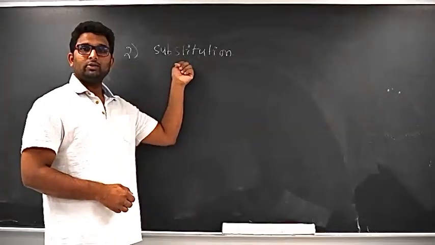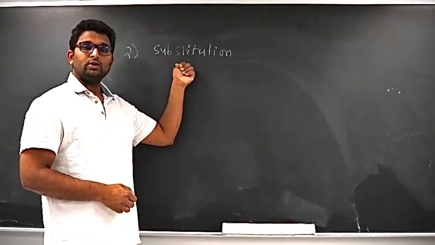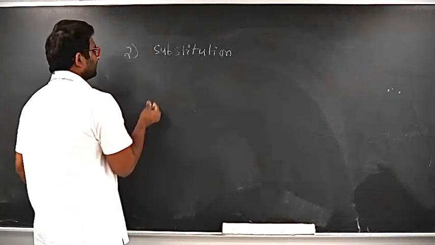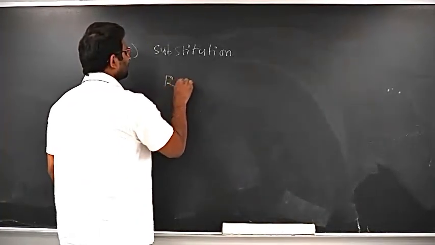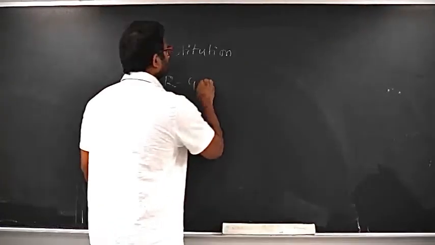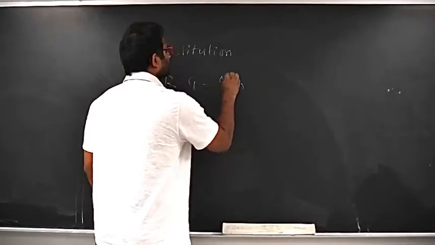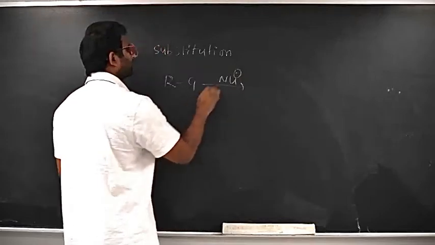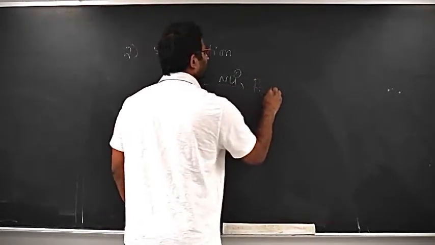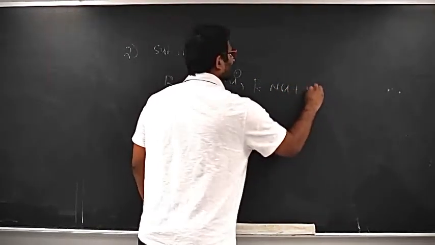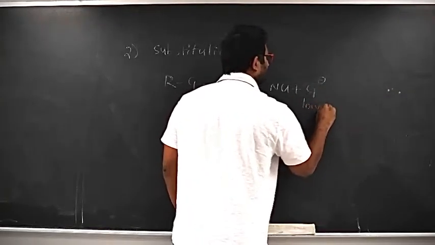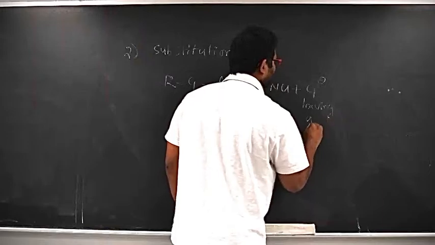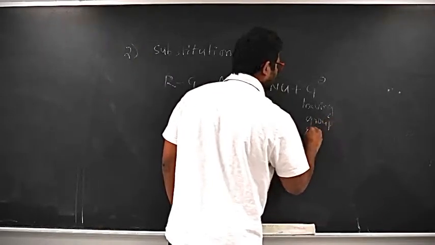From the name you can see a nucleophile replaces a group, where G represents the leaving group.